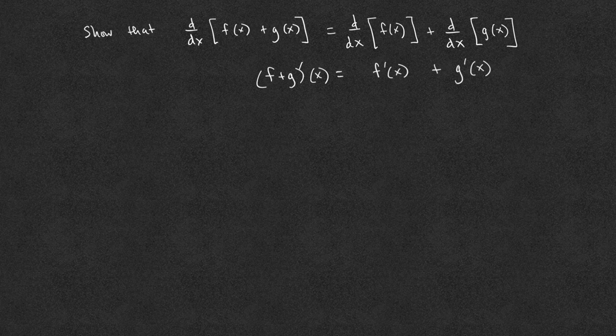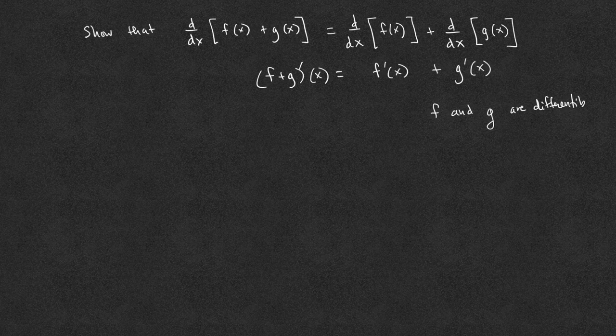Assuming that f of x and g of x are differentiable, meaning f has its own derivative and g has its own derivative as well, suppose f and g are differentiable.